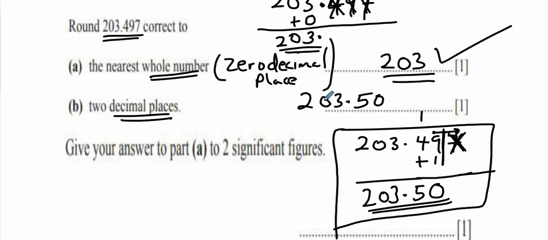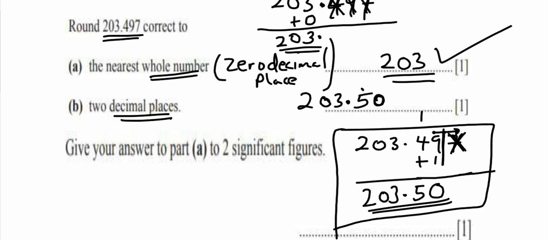And the answer is 203.50. See that? Many students will confuse themselves, thinking that the teacher said after the decimal point you can cancel this 0. Please don't cancel that 0, because that 0 is the one which makes this answer have 2 decimal places.